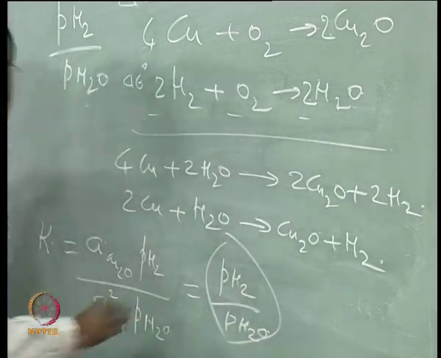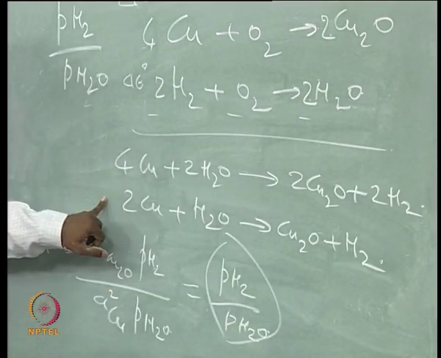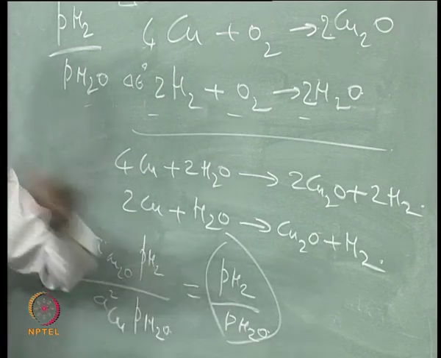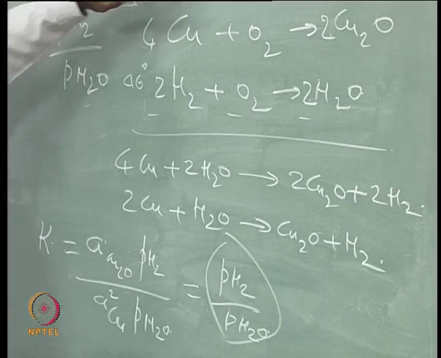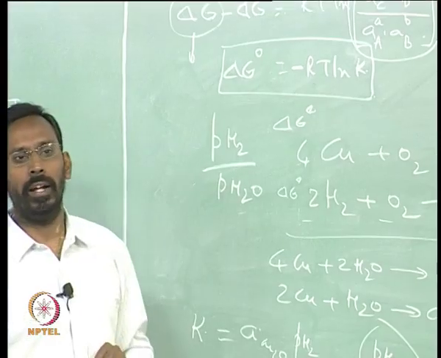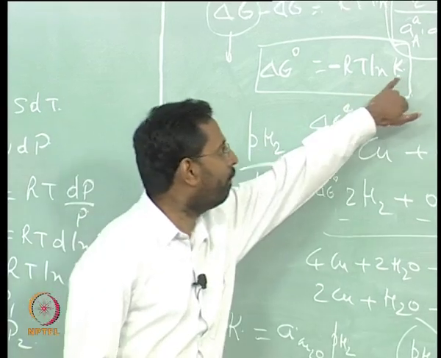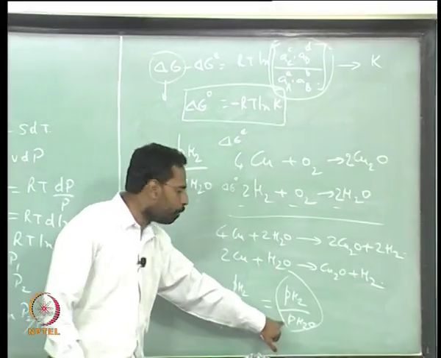So if I know the delta G of this reaction, I can find out the equilibrium partial pressure ratio of H2 to H2O. This can be easily found out once I know the delta G naught; I simply put this in the equation, and from that I can find out K, and K is nothing but this.